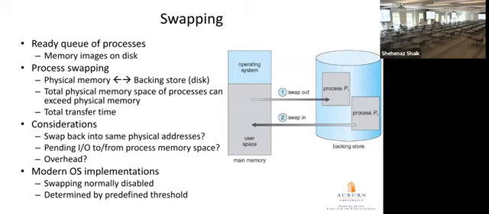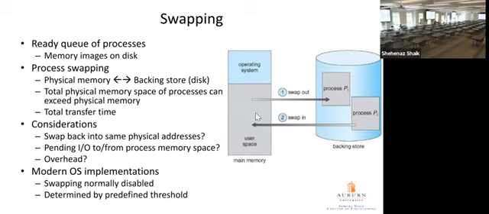Do we have any questions on this topic? Okay. Something simple, but this is one of the basic topics. As I said, this particular approach is not normally used in modern operating systems, but a different variation of it is being used in modern systems.